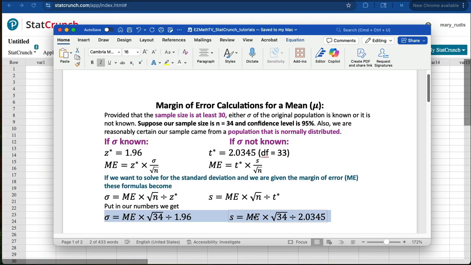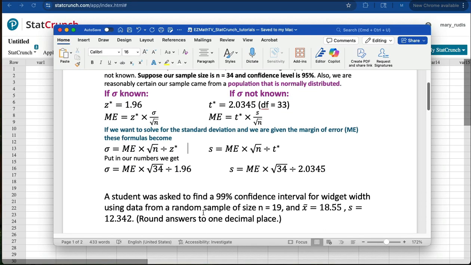So just plug in your margin of error, multiply by the square root of n and divide by your critical t or your critical z, and that will give you your standard deviation. Definitely write those formulas down in a notebook or something and have them handy just in case you are asked to provide information that you are not given in StatCrunch.